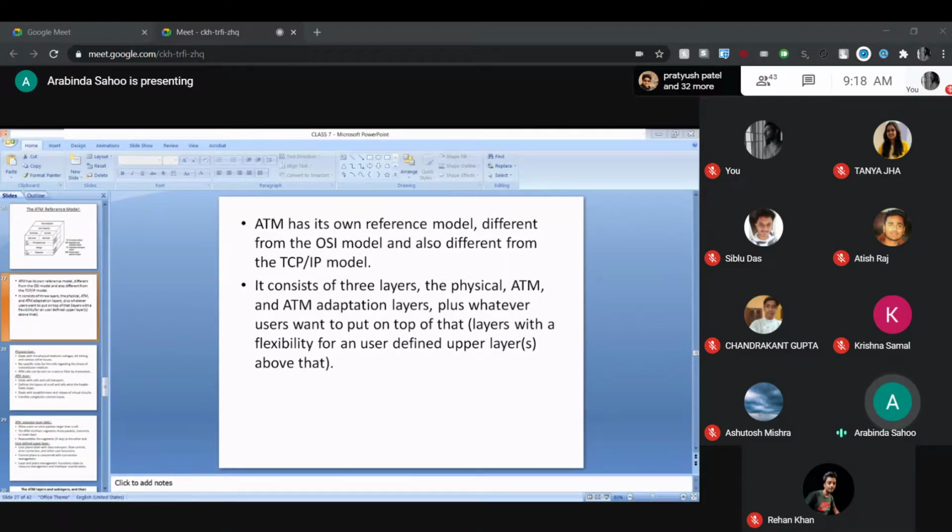So write down the second point: it consists of three layers, the physical layer, the ATM layer, and the ATM adaptation layer, plus whatever the user wants to put on top of that, which is known as the user defined upper layer. Okay, so let us discuss each layer one by one.